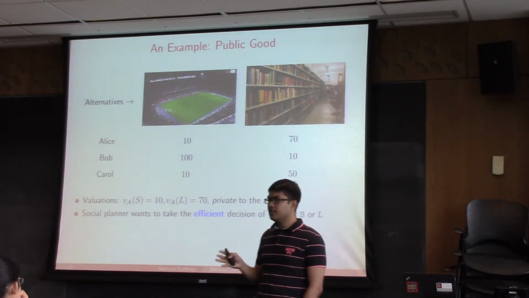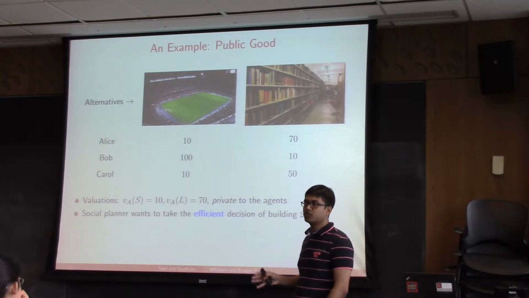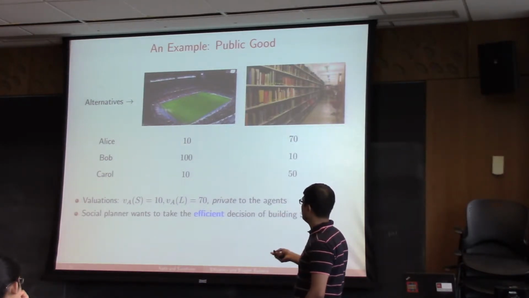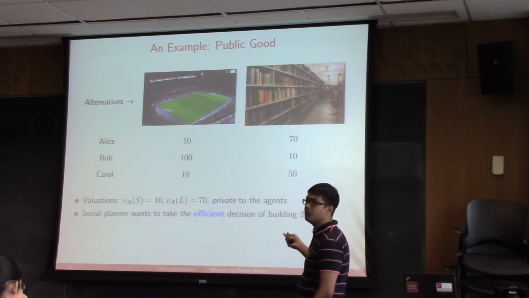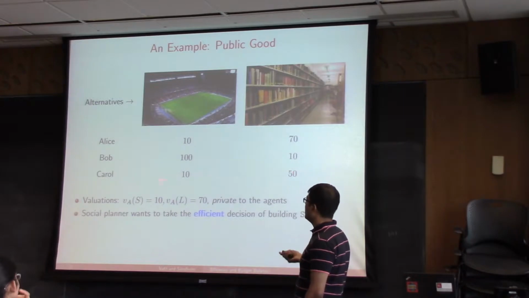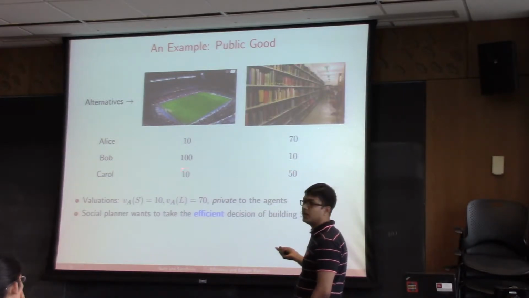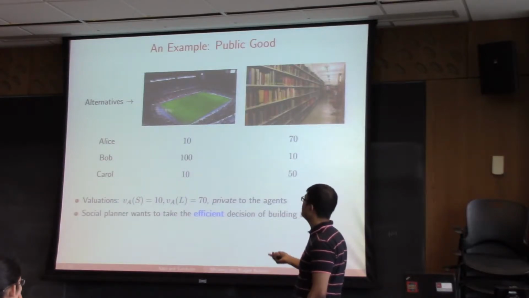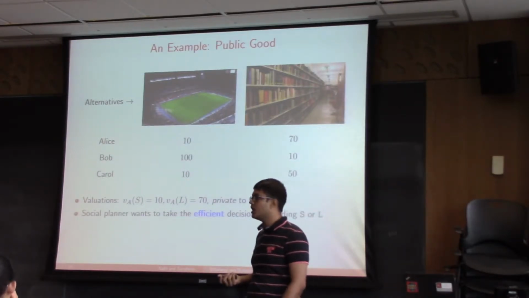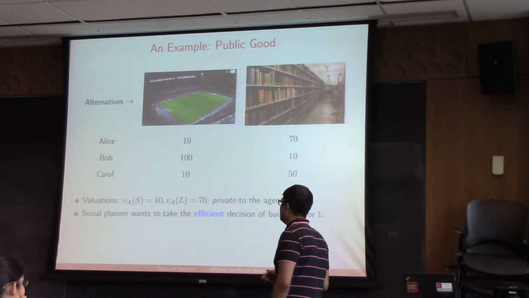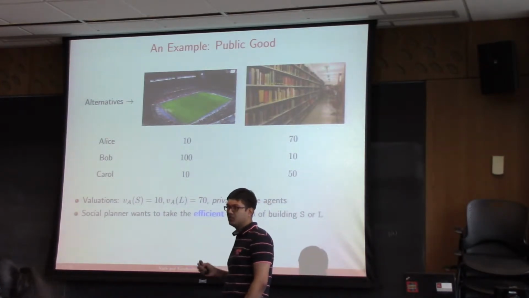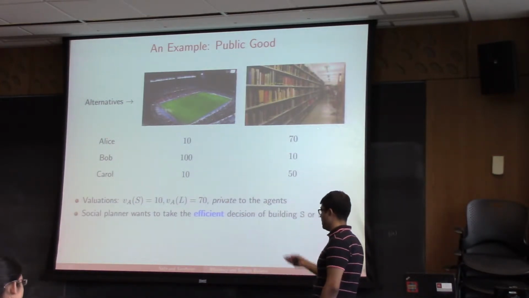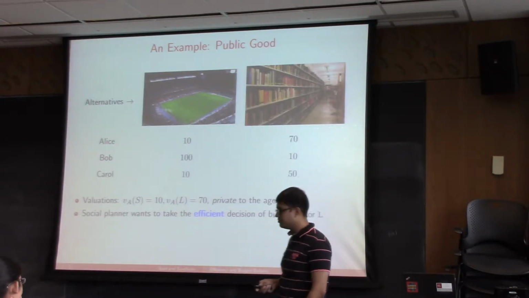You can very easily imagine that this is going to fail for sure, because if Bob reports his valuations truthfully, then he knows that the decision is going to be the library, which he does not like at all. So he will reduce the valuation for the library and increase the valuation for the soccer ground, and that will possibly give an inefficient solution, inefficient in the way that we defined before.